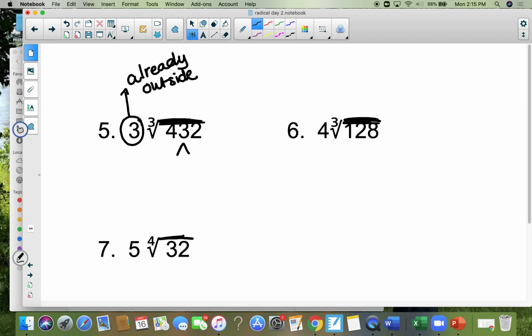432, I think I need a calculator to figure out what goes into 432, so 2 and 216, bring down the 2, 216 divided by 6 is 6 and 36, 2, 6, and a 6 and a 6, because 6 times 6 is 36.